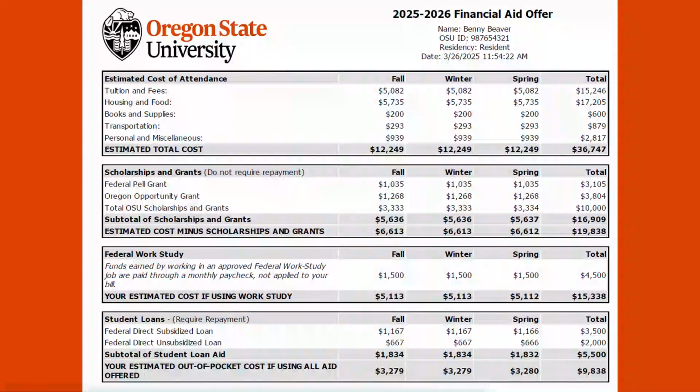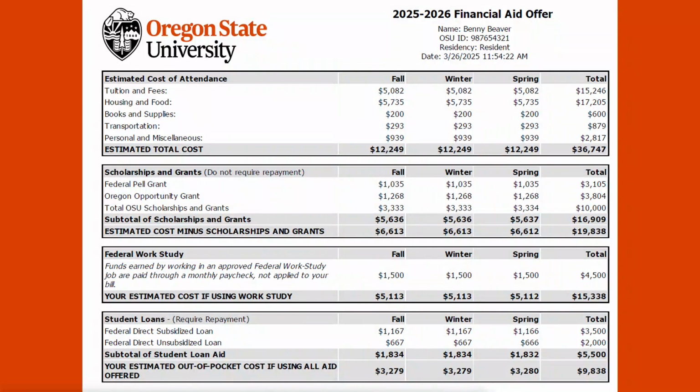We do assume here, for math purposes, that you are using your work study funding and you're earning to help cover your cost of attendance. So you'll see with Benny's $1,500 per term in work study, the estimated cost of attendance goes down to $5,113 per term.